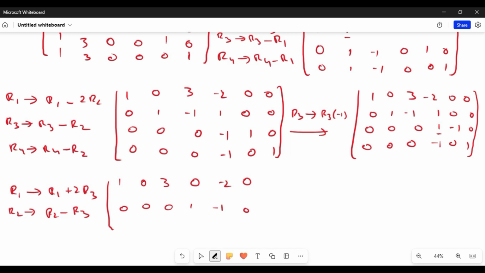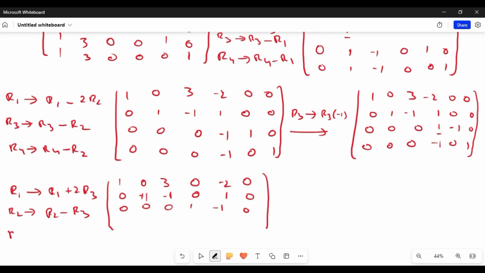So this is 0 minus 0, 0 minus 1, 0 minus 1, 0 minus 1. Row 2 minus row 3: 1 minus 0 is 1, minus 1 minus 0 is minus 1, 1 minus 1 is 0, 0 minus 1 will be 1 and 0.